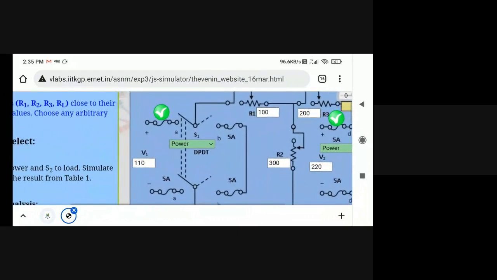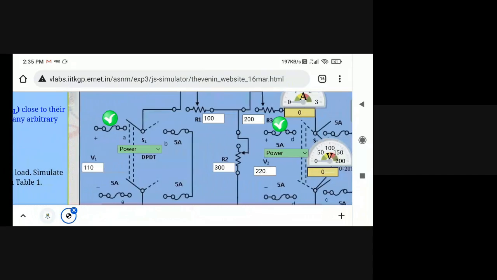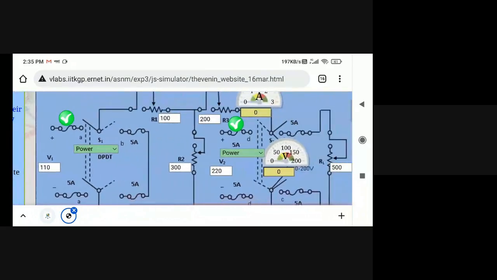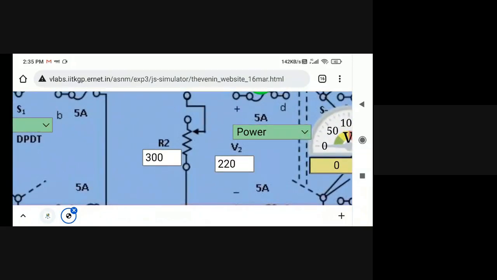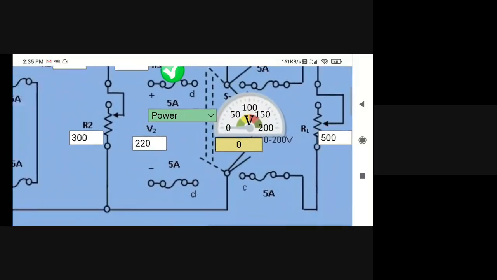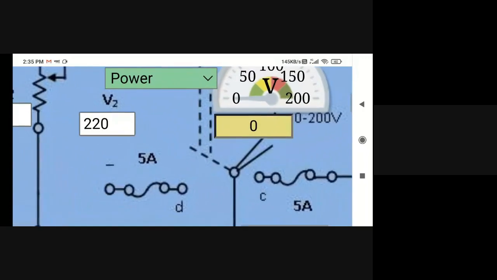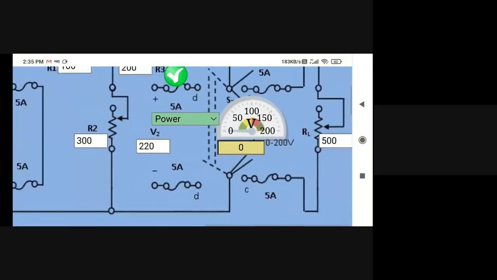Here you can see this is the 110 volts source, 100 ohm resistance, 200 ohm resistance, 300 ohm resistance. This is our second voltage source, 220 volts, and this is our load resistance. Here one intermediate switch is used. The intermediate switch is nothing but to remove or place the load resistance.